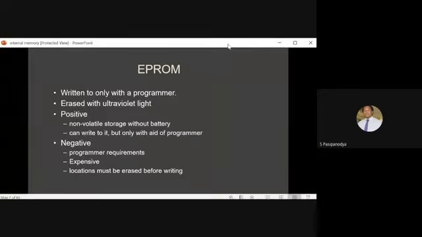You can also take a look at the cost implication: the EPROM is, up till today, one of the most expensive types of ROM that we have in the contemporary world. And thirdly, you need specialist devices to be able to write to the memory.